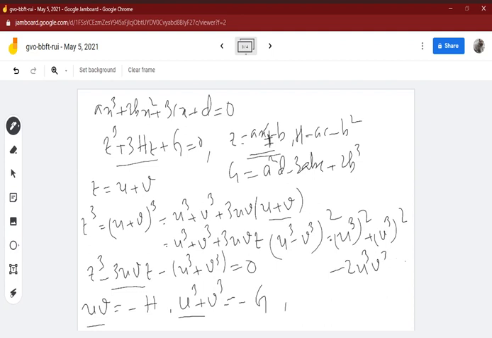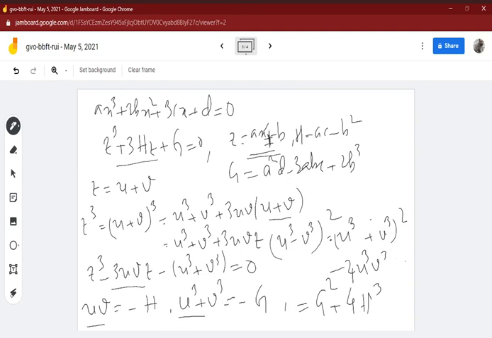And what is a square plus b square? It is a plus b whole square. So you can directly write a plus b whole square minus 4ab. So this, u cube plus v cube whole square, is g square plus 4h cube.